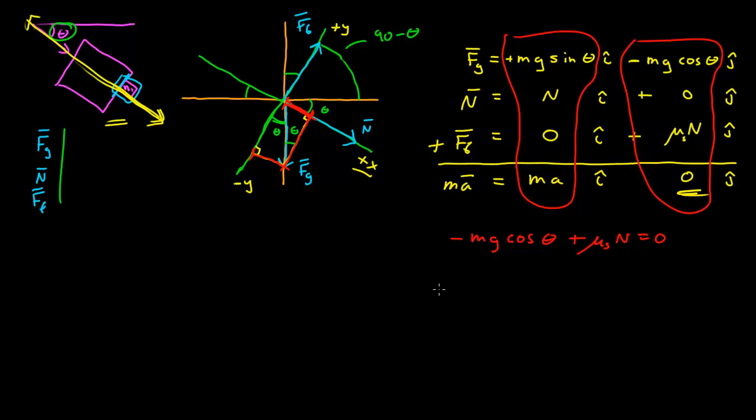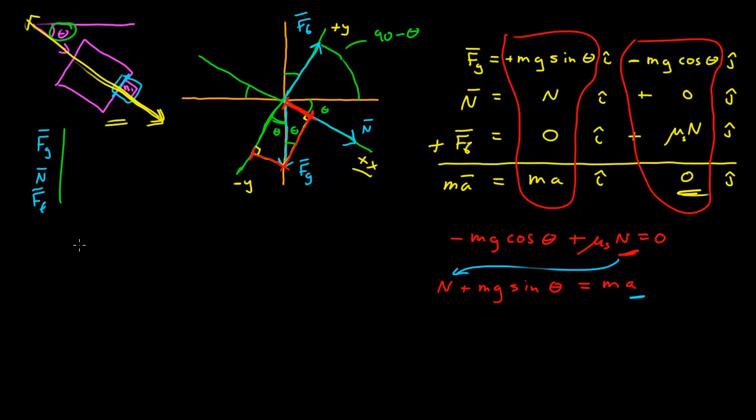And we have n plus mg sine theta is equal to the mass times the acceleration. All right, again, I want to solve this for n, and then substitute it into here to see what sort of conditions on the acceleration we need.